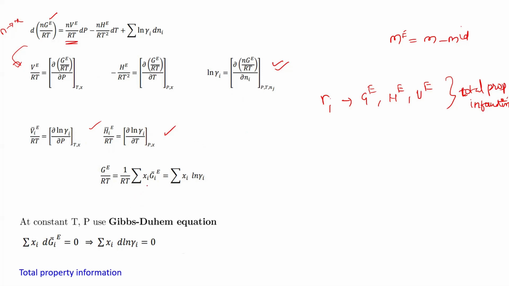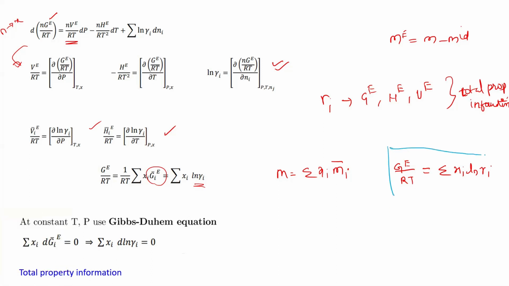Now here GE by RT is equal to sigma xi GiE bar, this partial property. This M is equal to sigma xi mi bar, right? Then GiE bar by RT is expressed as ln gamma i. So now we have GE by RT is equal to sigma xi ln gamma i. And this is a very useful equation here.